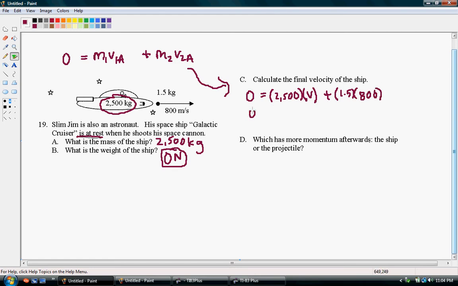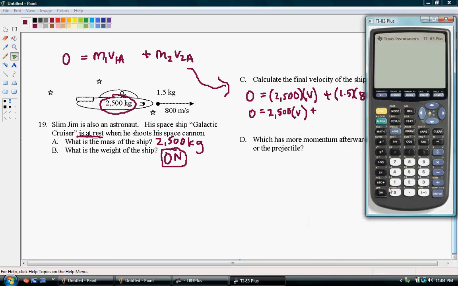Alright, so we end up with 0 equals 2,500 v plus, and then we have to multiply 1.5 and 800. So 1.5 times 800. And it's going to remain positive because it's moving to the right. Okay, and we get 1,200.